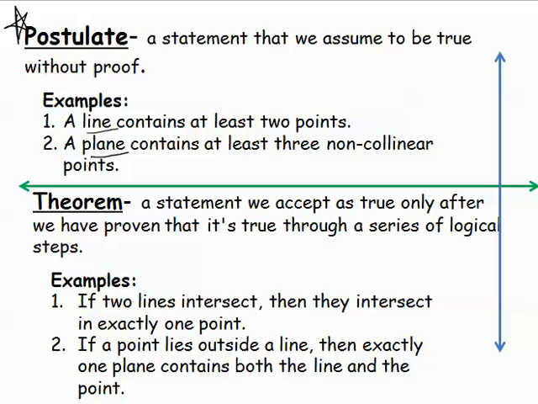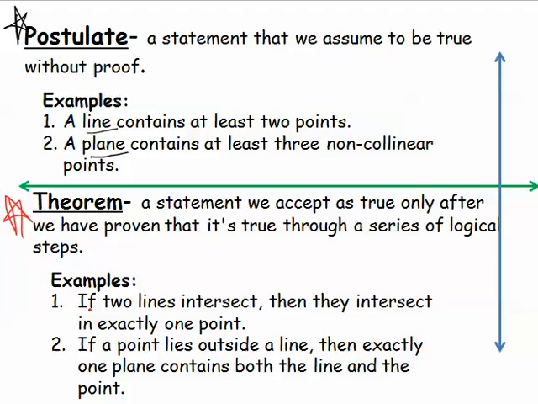On the other hand, we have theorems. A theorem is a statement that we accept as true only after we have proven that it's true through a series of logical steps. So theorems are things that we're going to have to work through. We're going to have to show that this can be true in every situation and that nothing can unprove it.